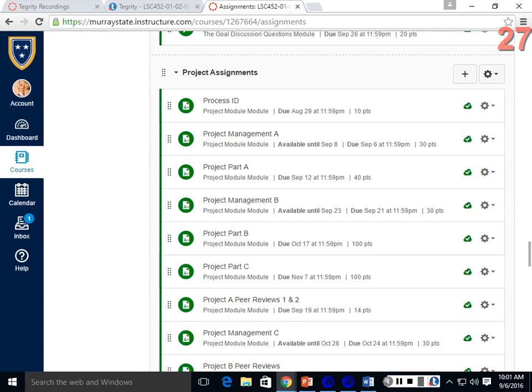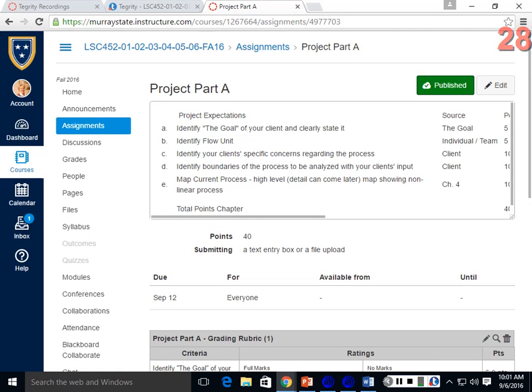And so project part A is where you're actually starting to look at what we need to do here, right? And so again, you have to identify the goal and your flow unit. What are your client's concerns? Identify the boundaries and begin your first map of the process, okay?